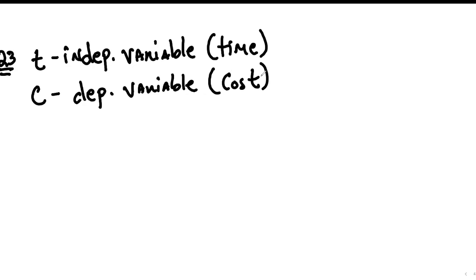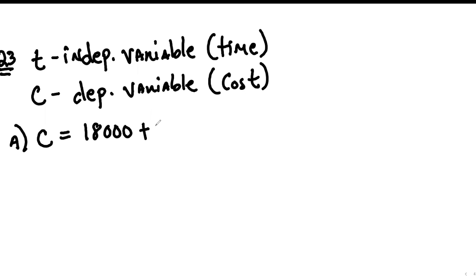So if we go back to the very first page that we had, we can say it from this angle. The dependent variable, which is denoted as C, is equal to the initial value. The initial value that the word problem gave us was $18,000, plus the rate of change. Now, what is being changed?